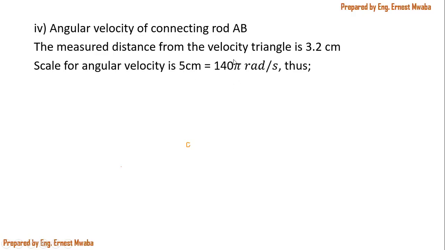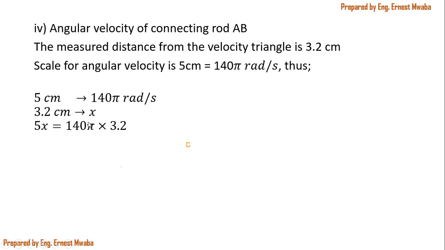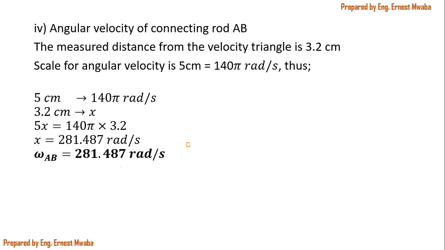The 5 centimeters initially represented 140 rad per second. So for the one we have, we say this is X, then cross multiply, and the result is 281.487. That is the angular velocity in rad per second.